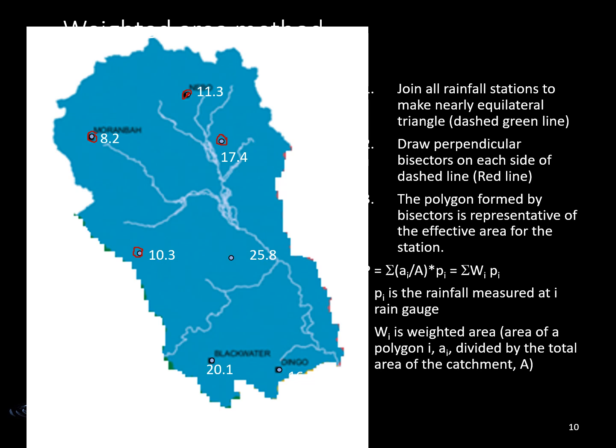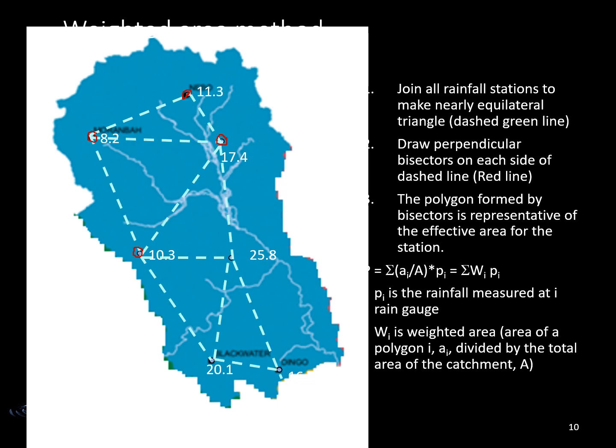But if you want to use Thiessen's polygon, first you join the stations by straight lines and connect all the stations to draw triangles. You try to make them as equilateral as possible. That's the first step: connect all the stations with these lines.